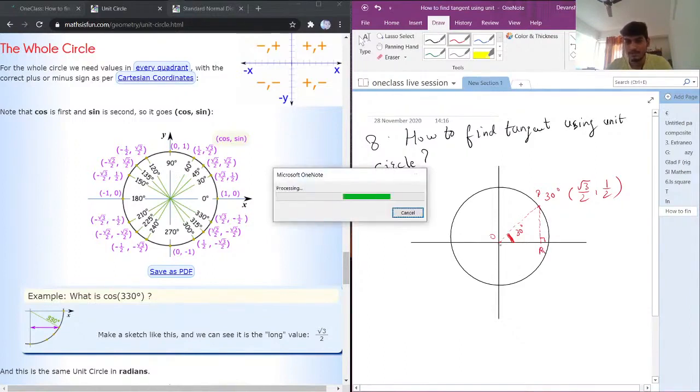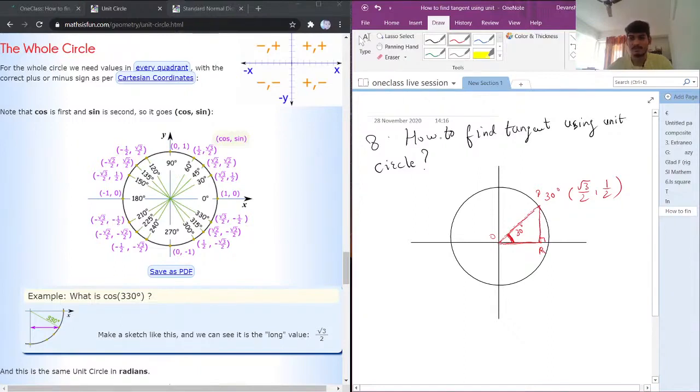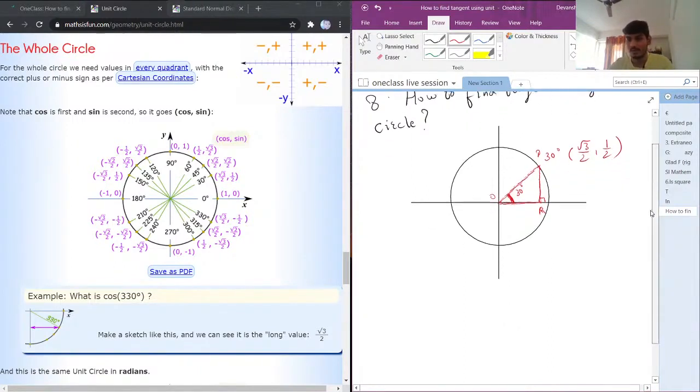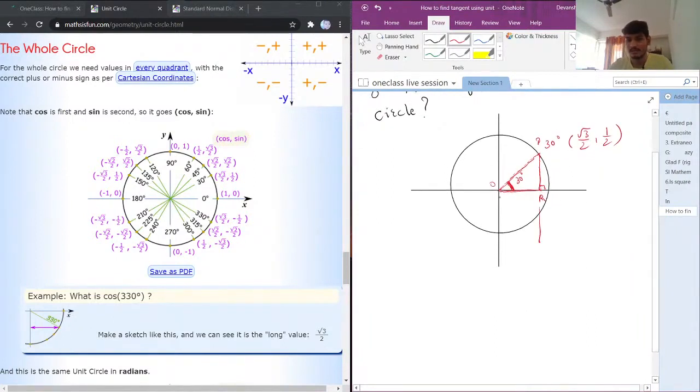Now we have created a right angle triangle and trigonometric ratios are defined for a right angle triangle. So the formula for the tangent of any angle, say theta, is basically perpendicular over base.